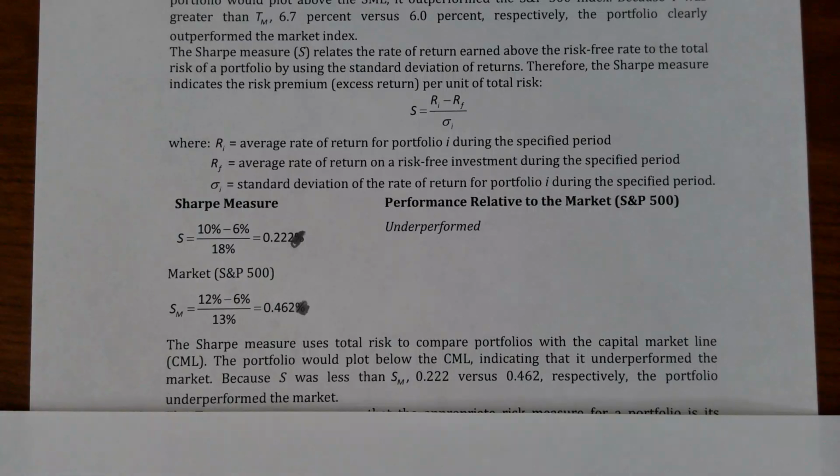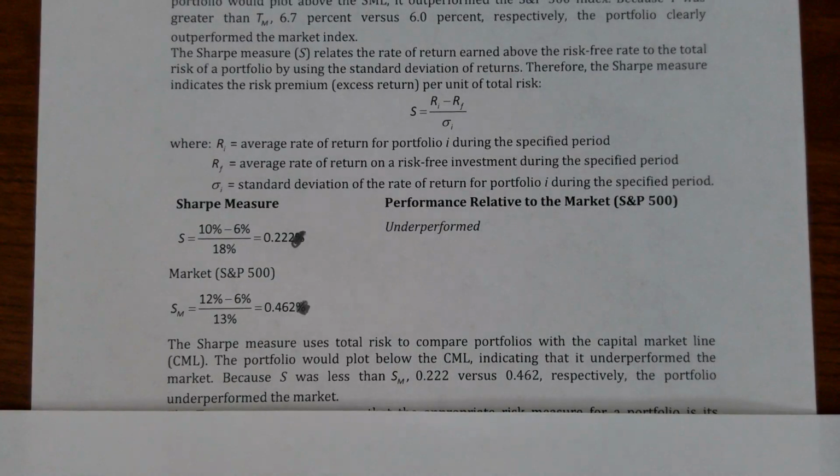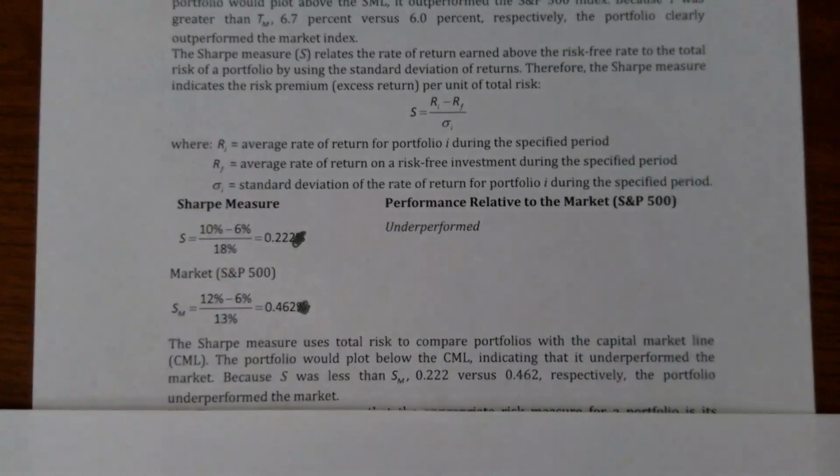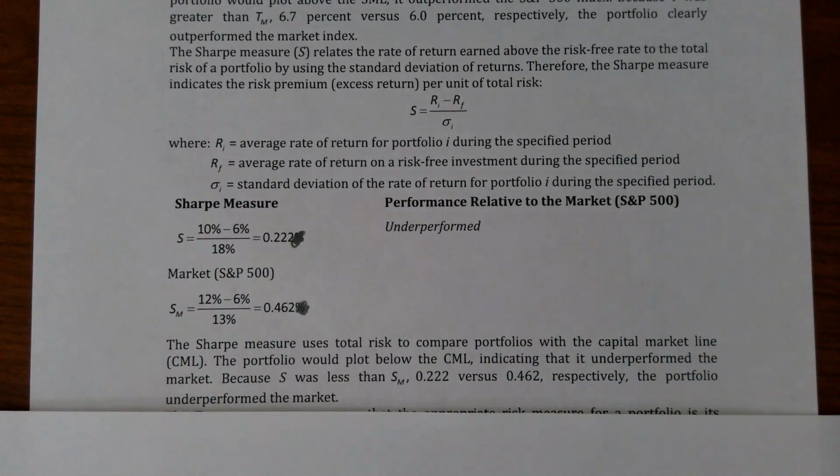Okay, part B of problem 2 says, based on the performance of portfolio X relative to the S&P 500 in A, the part we just concluded, explain the reason for the conflicting results using either the Treynor versus the Sharpe.